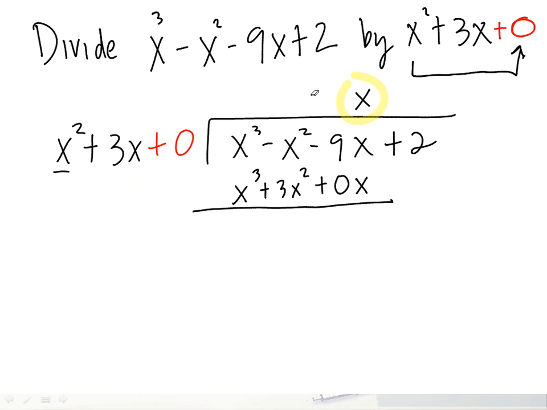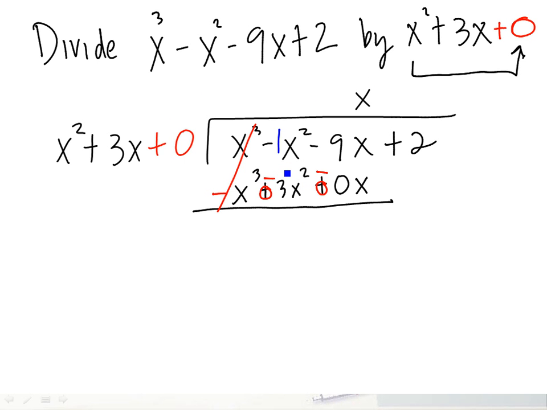Alright, now what to do? Don't forget that you must change signs. So that becomes a minus, this becomes a minus, this becomes a minus. So this cancels. What's the coefficient here? The coefficient is -1, even though we don't see the 1.